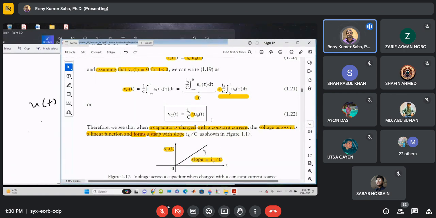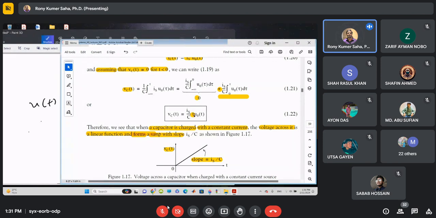One way to figure out whether the function response is a ramp is to make sure there is a presence of the independent variable with order 1, not more than that. But if it is a unit step function, it's zero order, so t to the power 0 means it's a 1. So for a unit step function, the order is 0, and for a ramp function, the order is 1.